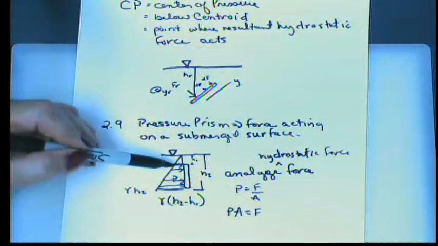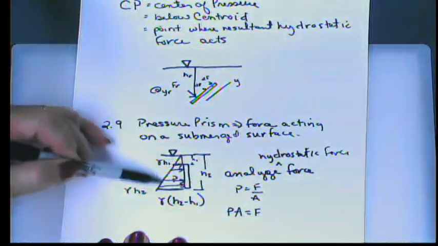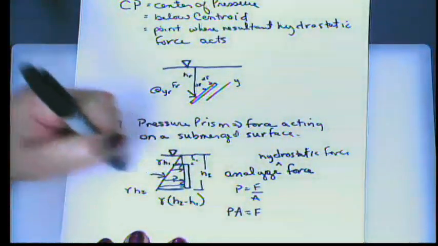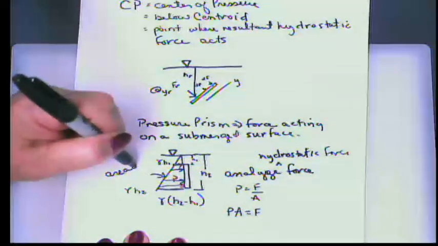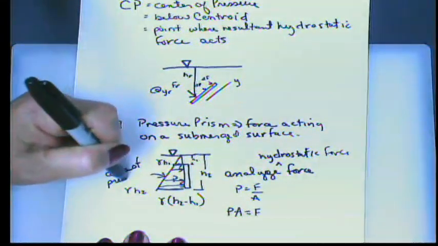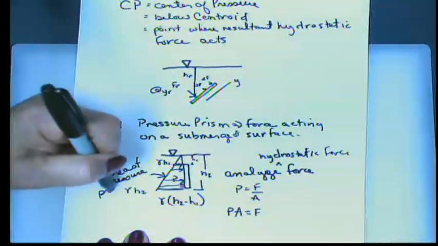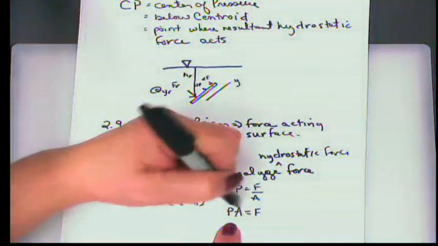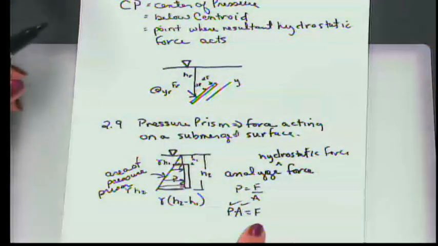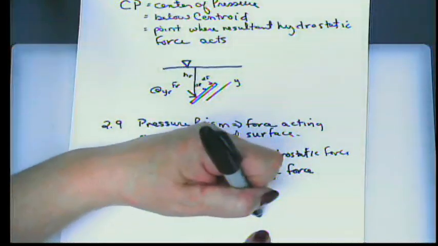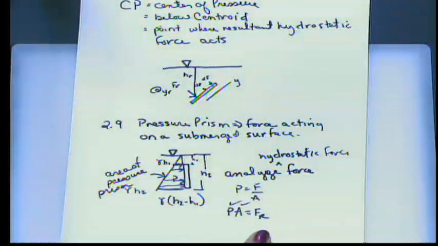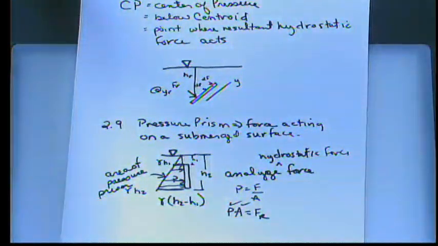And so if we can find the pressure, the area, essentially, of the pressure prism, we have a pressure times an area, and that will equal the resultant hydrostatic force. So that's pretty simple. That breaks it down to a pretty analyzable problem.